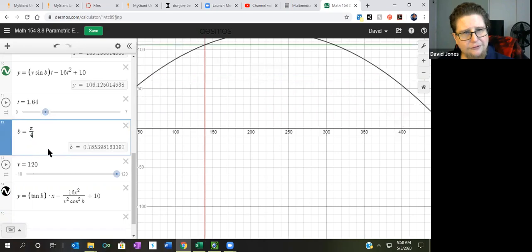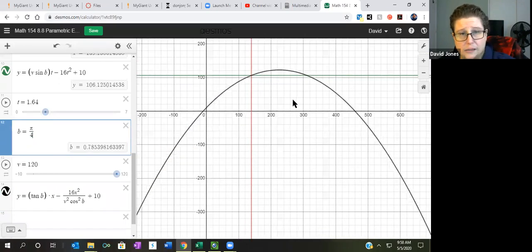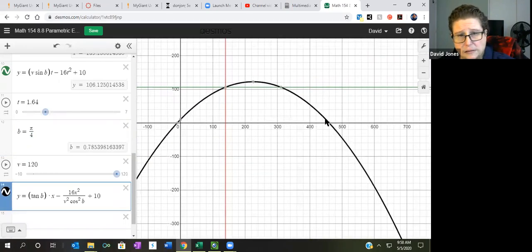Change that to pi over 4. Now we go 459.8 feet. And what's our height here? 122.5.